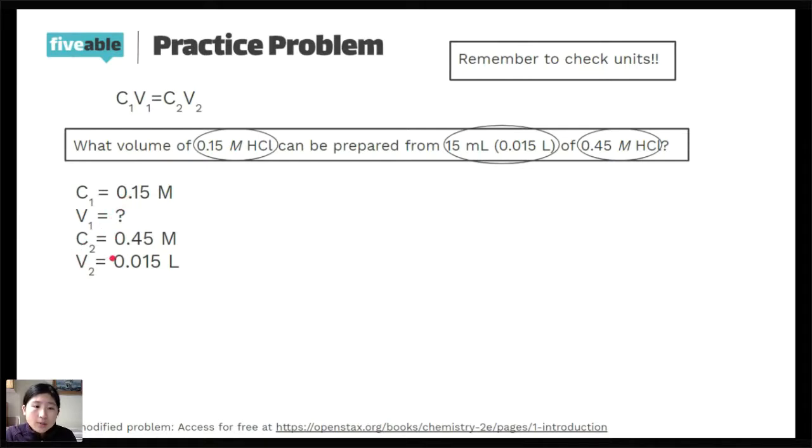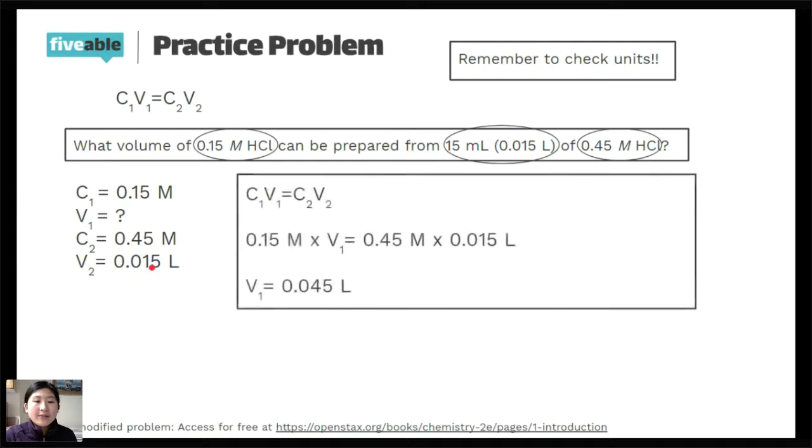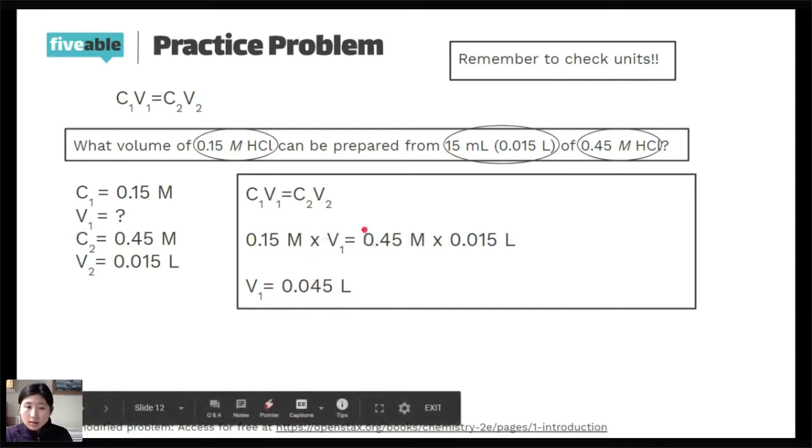So 0.45 molarity, or concentration, times 0.015 liters equals that. We plug those values in, and we find that the final volume is 0.045 liters.